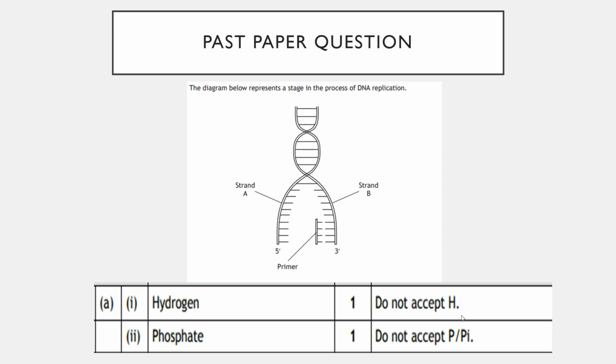And the chemical group found at the 5' end is your phosphate. Again, try to write it out in full here. Just writing P or Pi, as we saw in the respiration topic, the inorganic phosphate, is representing the atom and not the chemical group. So between bases are hydrogen bonds, and phosphates are found at the 5' end.